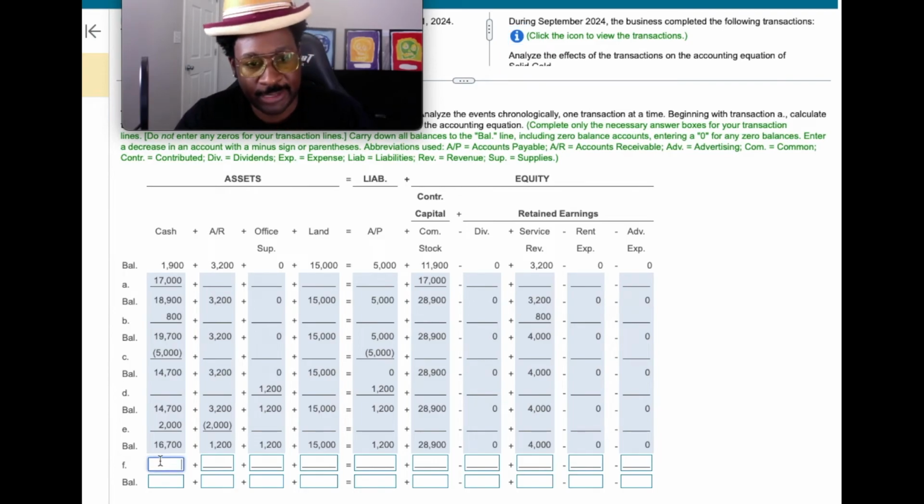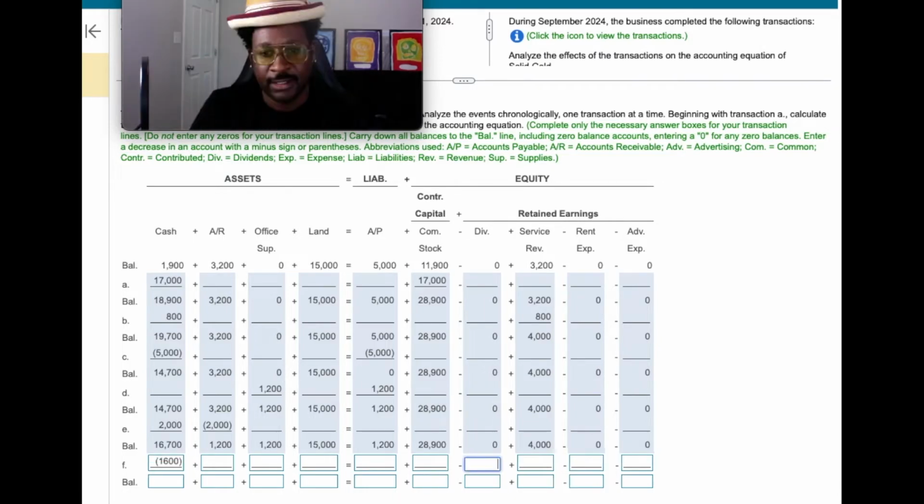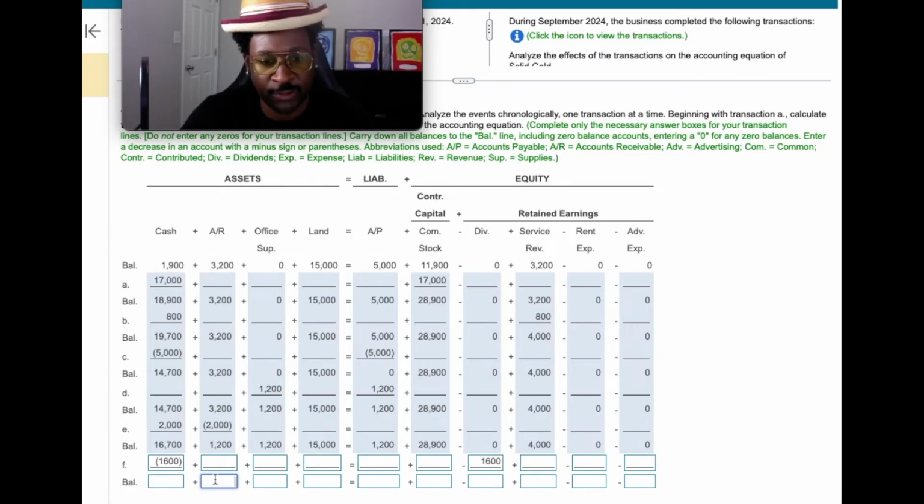So our cash account will go down because we paid $1,600 to our shareholders, and our dividend simultaneously is increasing, causing stockholders' equity to go down by $1,600. So no other account is affected, so we can now move on to our ending balances. We're going to carry over all the unadjusted ending balances first.